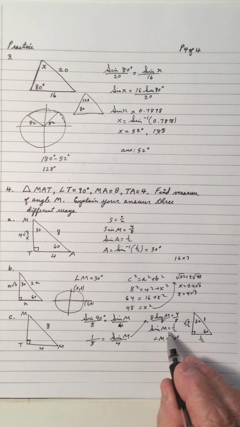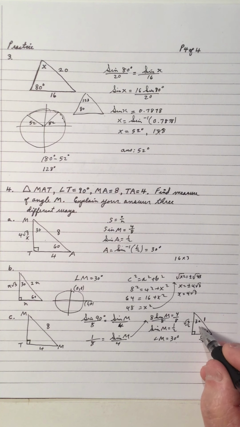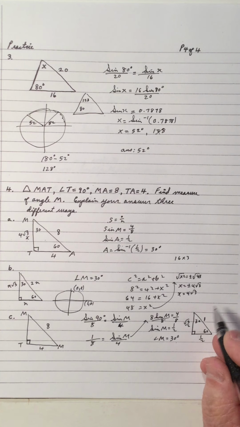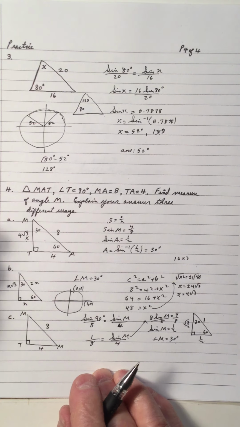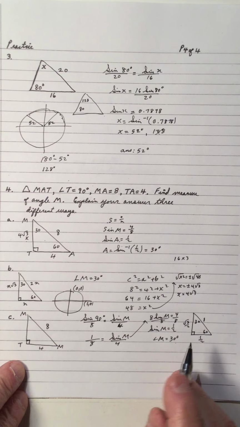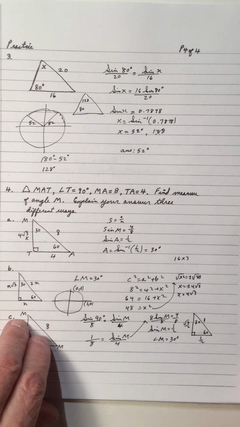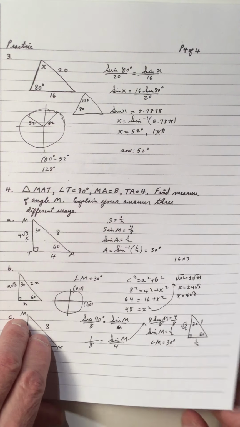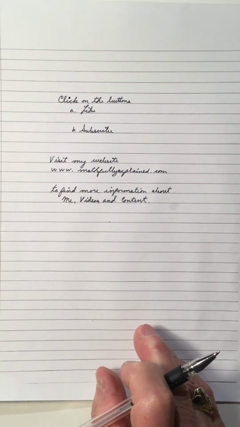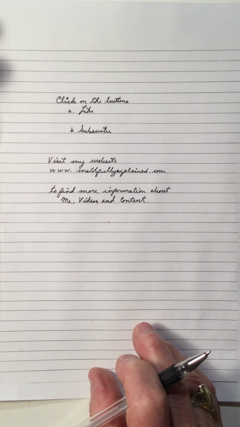So the sine of what angle is a half? The sine of 30. Sine is opposite over hypotenuse, a half over 1, which gives you a half. So you can also use that triangle. There's a fourth way to do it if you want to use this triangle. So that's using the sine law to work out parts of the triangle.